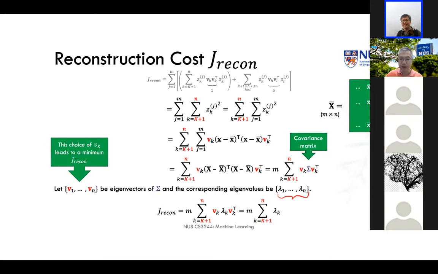So we can just say, okay, we're going to retain lambda 1 all the way to lambda k, because these have the largest numbers on the covariance, the largest magnitudes for the eigenvectors. They're the ones that are most important. Okay, so the remaining ones that we didn't capture, which is lambda k plus 1 through lambda n, these are all going to be dropped. Okay, so basically, this is the reconstruction error that we have.